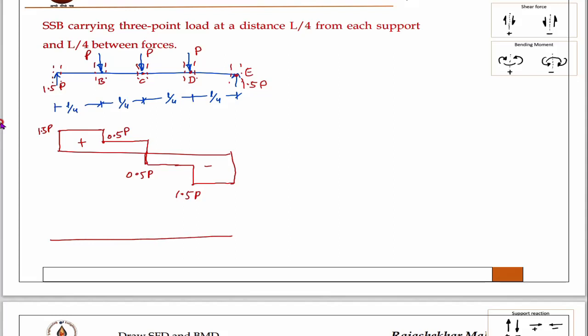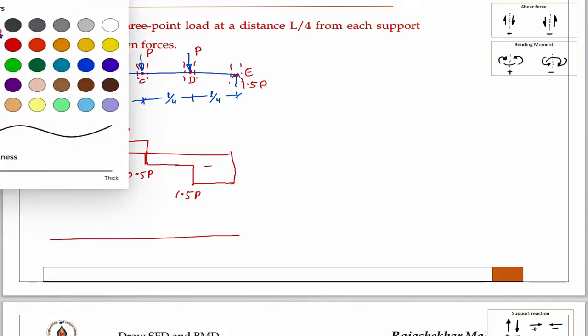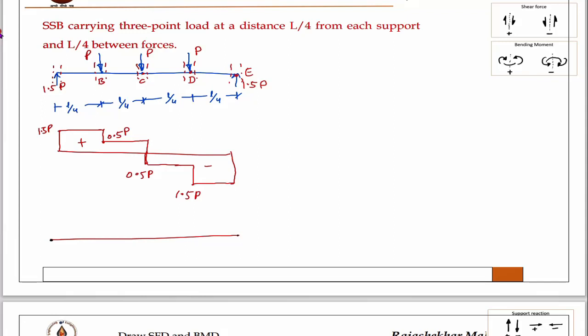Now if I want to draw the bending moment diagram, then it will be 0 here, 0 here, and you will get one load here, one load and another load. 1.5 into L by 2, 1.5 into L by 4.